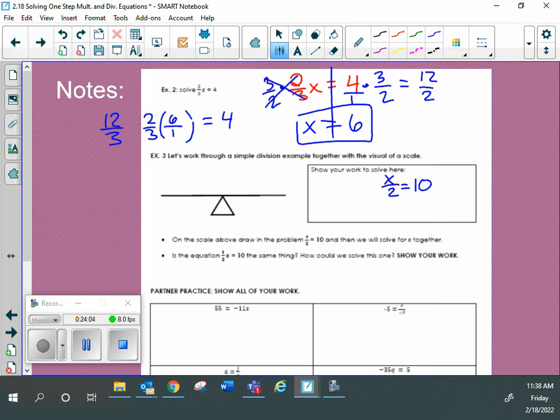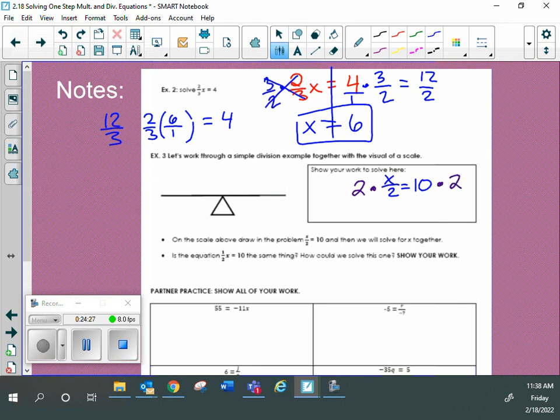It's getting divided. Do y'all agree with that, class? When it's a fraction, it means division. To undo division, I need to multiply. Very good. So I need to multiply both sides by, not 2 over x, I just want to get rid of that 2. So I'm just going to multiply by 2.